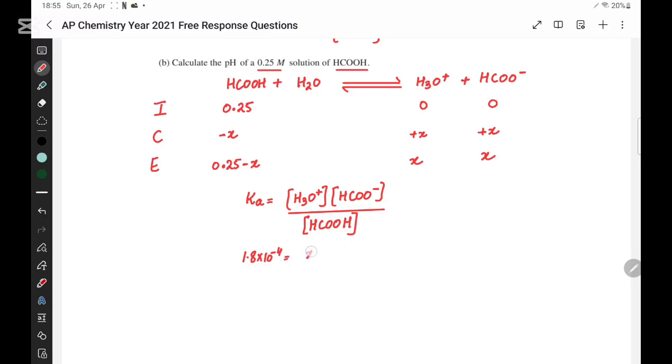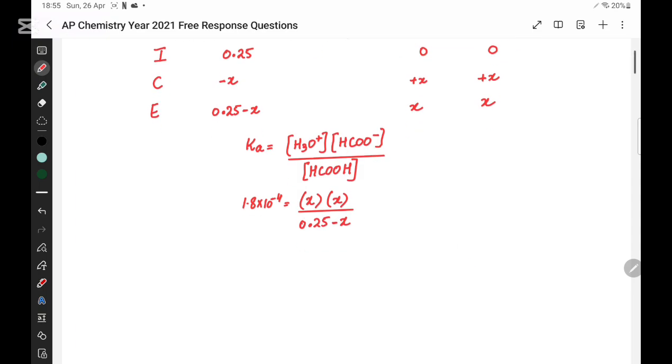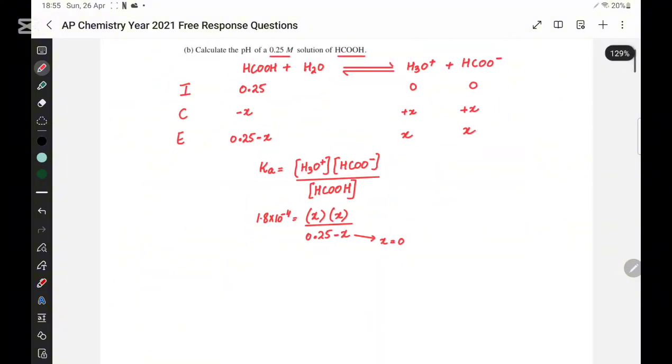H3O+ is X, HCOO minus is also X, HCOOH is 0.25 minus X. Here this X in the denominator can be considered as 0, because it is a weak acid and it dissociates in a very small amount, so it can be taken as 0.